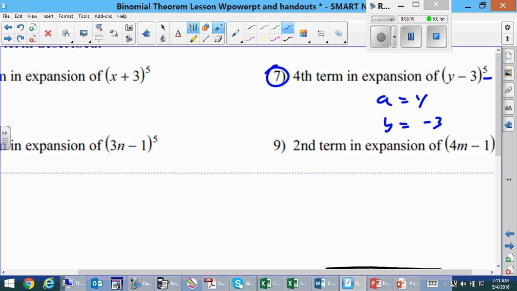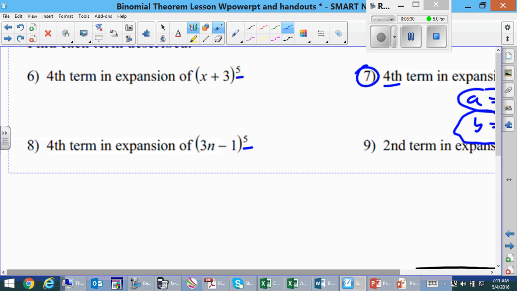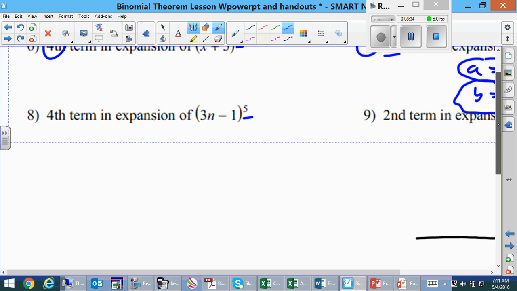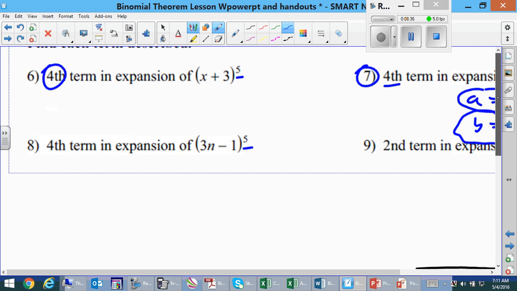You already have the 5th row of the triangle from that last problem, so you can focus on generating those powers of A and B and getting to the 4th term of the expansion. We already know the 4th term's coefficient, so that's nice. The 4th term's coefficient is going to be exactly the way it was on the last one. It'll be the 10. Good luck.